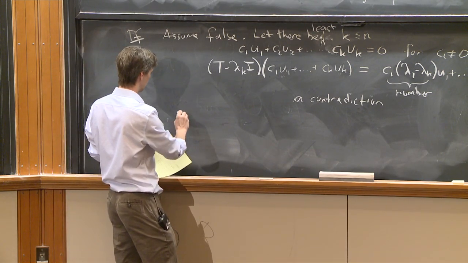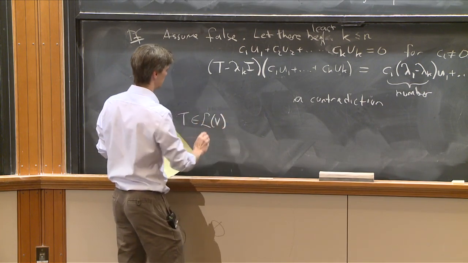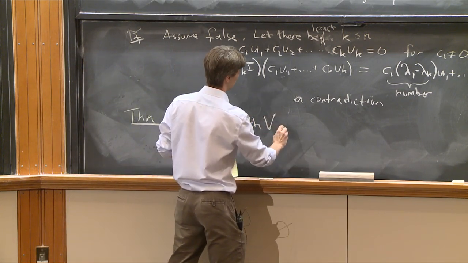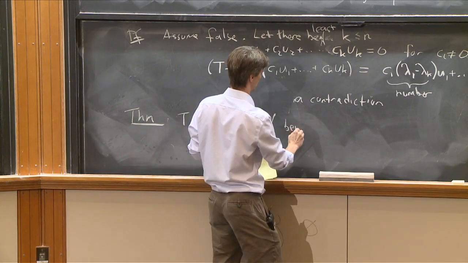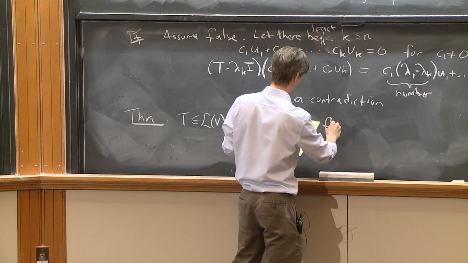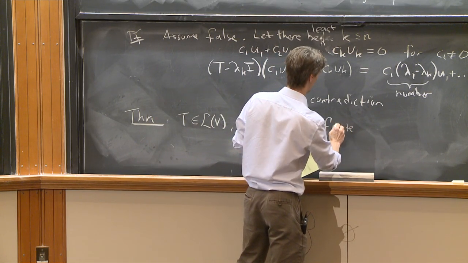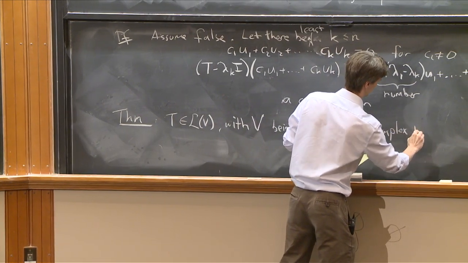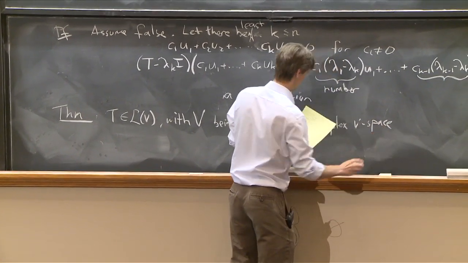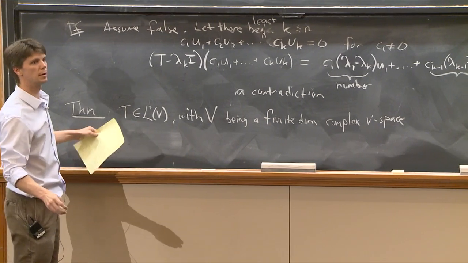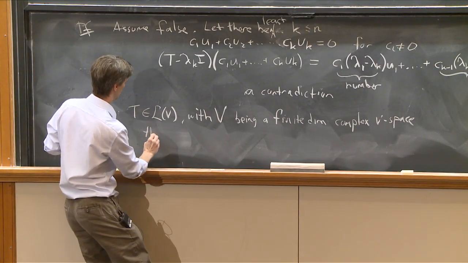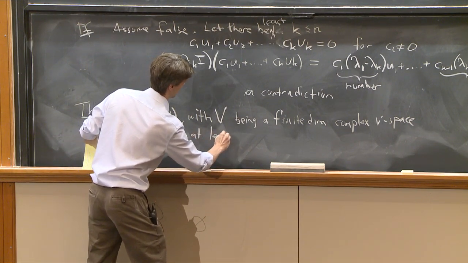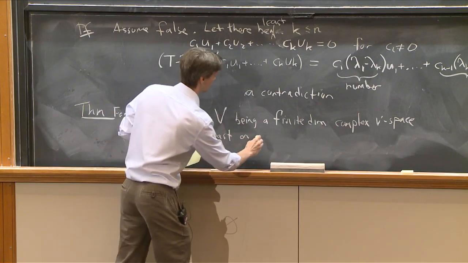For T in linear operators on V, with V being a finite dimensional complex vector space, T has at least one eigenvalue.